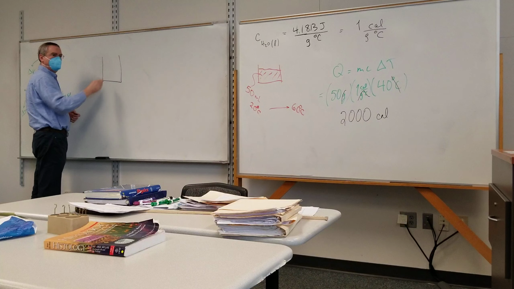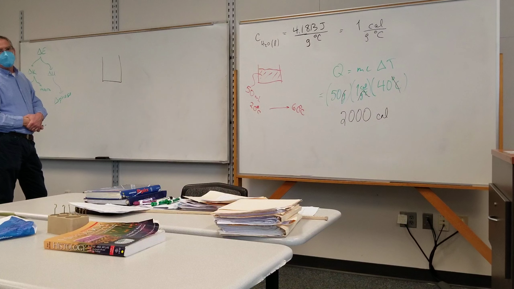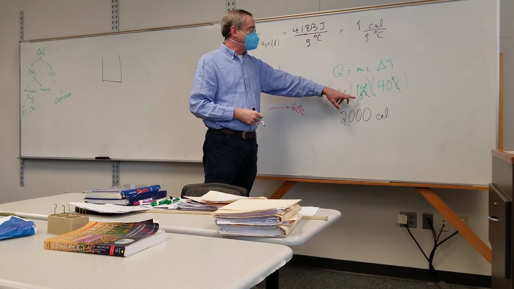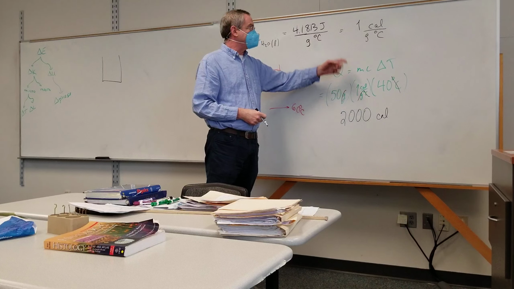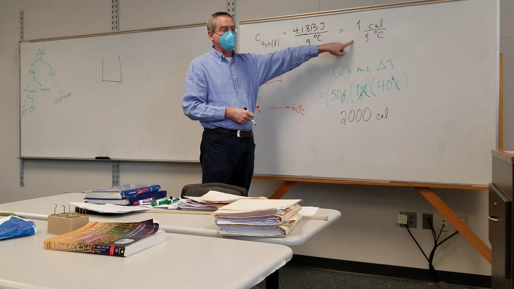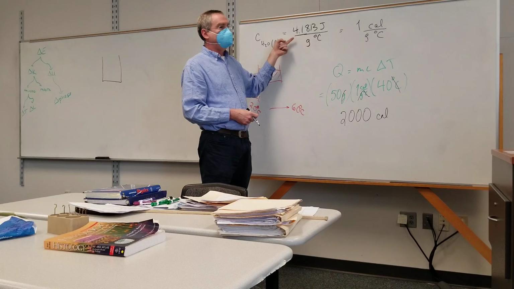So whenever you do this equation, you're always supposed to put 1 calorie over gram degrees Celsius? 1 calorie per gram degree Celsius. That is, if I want the specific heat of water in calories, yes, I would use that number. And then the specific heat in joules, you write it just like that?